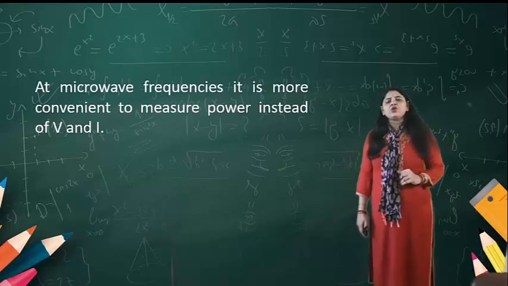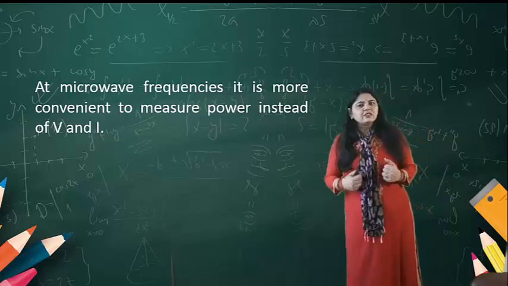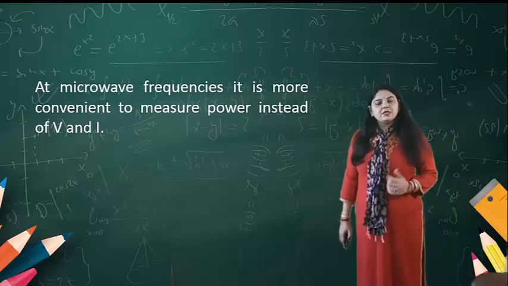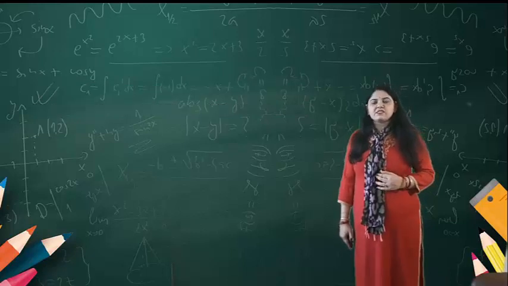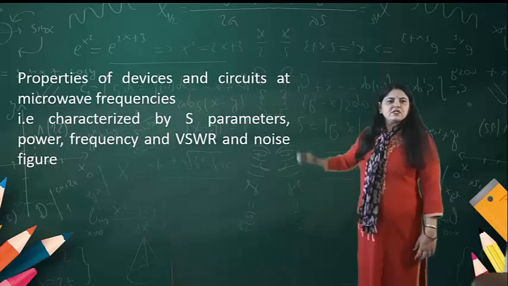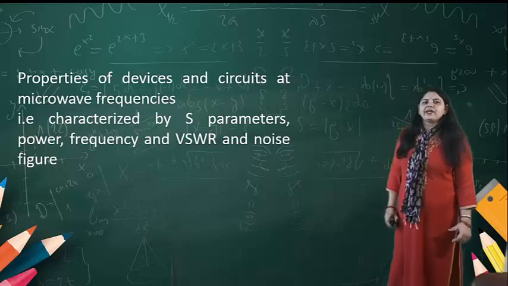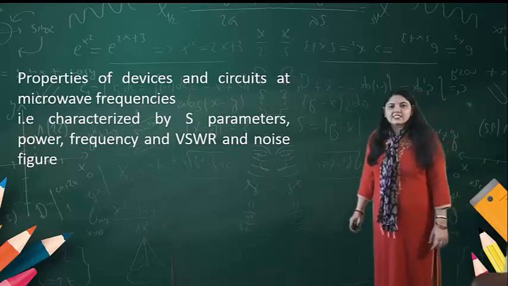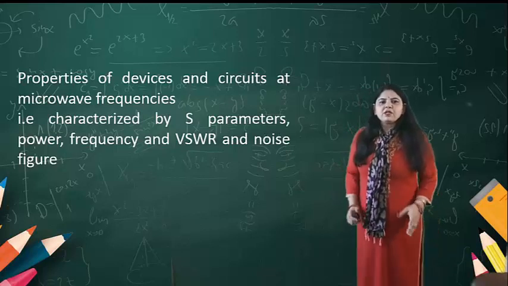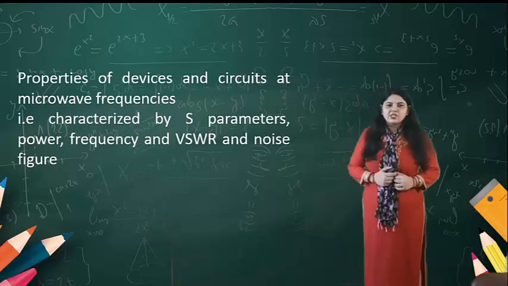At the higher microwave frequency, it is more convenient to measure the power instead of the voltage and the current. So for direct power measurement, the devices are available. The properties of the devices and circuits at microwave frequency are characterized by the S parameters, power, frequency, VSWR and the noise figure.